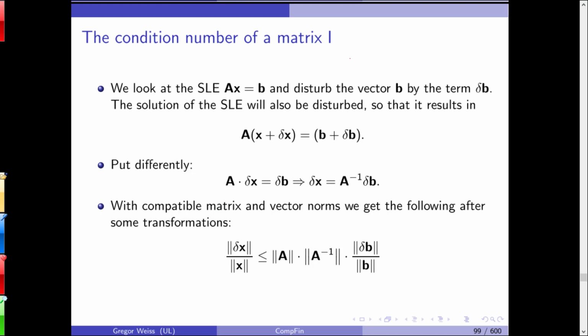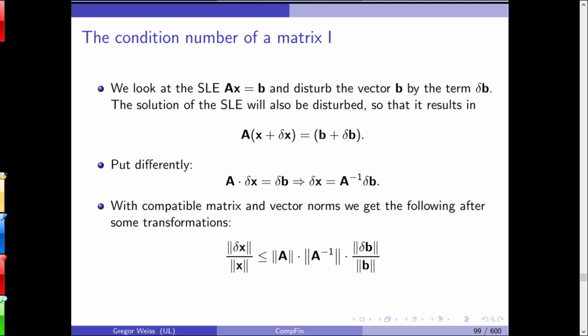We need a lot to talk about a simple result now. Think of this system of linear equations, AX equal to B. We are now including an error in the input data, x plus delta x and b plus delta b.